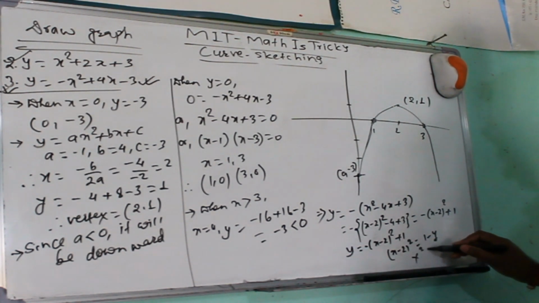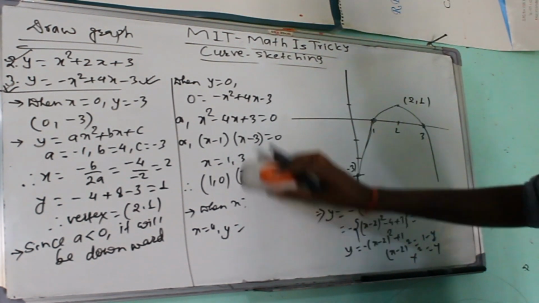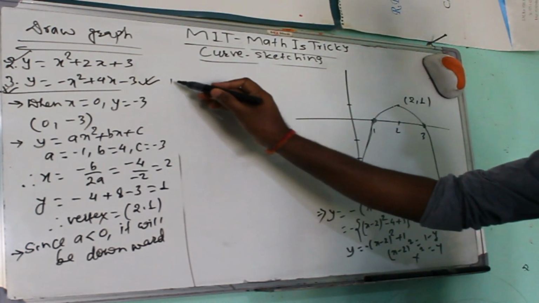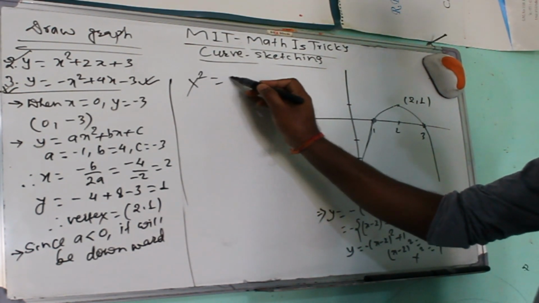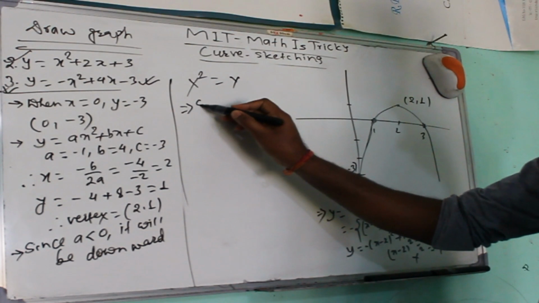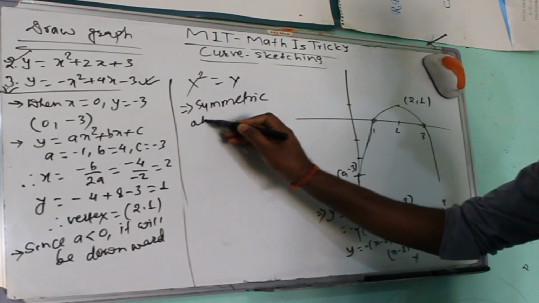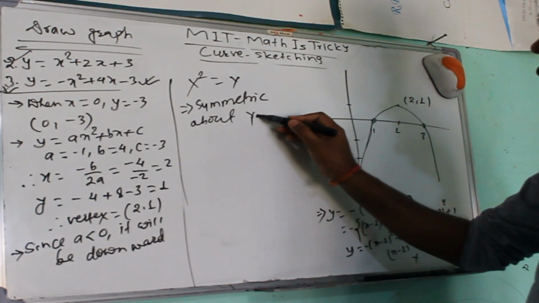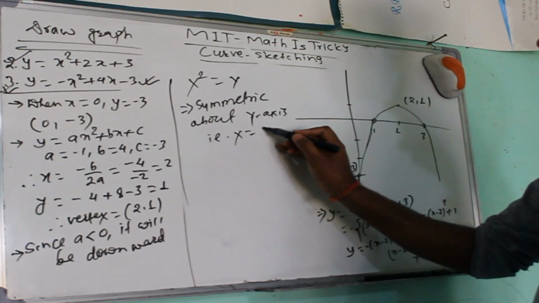and this is (x minus 2) whole square equals 1 minus y, same as x square equals y, which is symmetric about the y-axis, that is x equals 0.